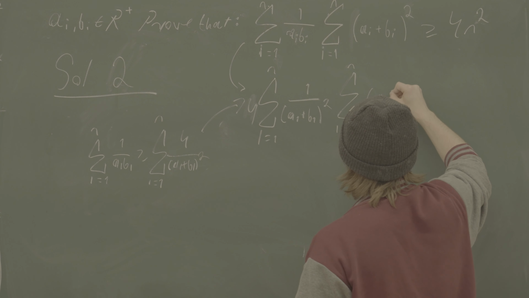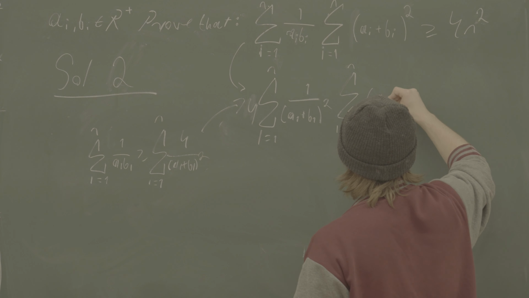I added right there. So a_i, not a1, plus b_i squared. Those were supposed to be i's and not ones. It's supposed to be greater than or equal to 4 times the squared, but those 4's, I can just kill them off.